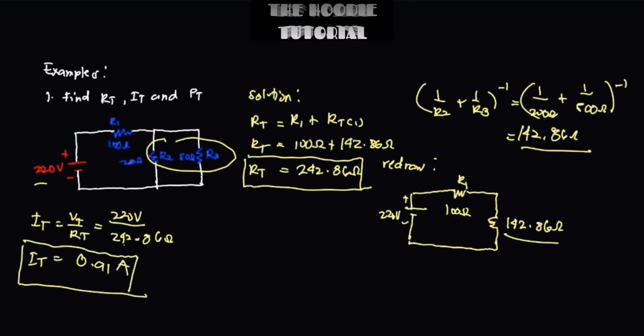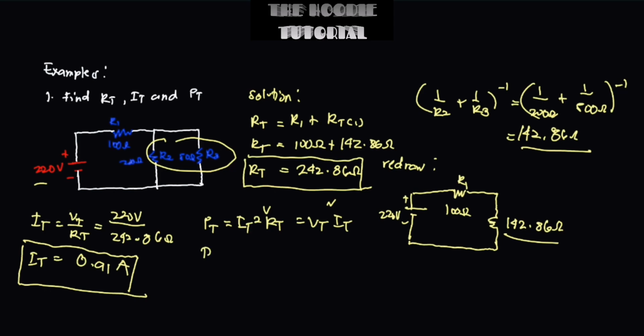How about our total power? Our total power is, we can either use the formula IT squared times RT, or VT times IT. Since we already have the total current and total resistance, we can use the first one, and since we already have the total voltage and total current, we can also use the second one. Either of these formulas will give the same value.